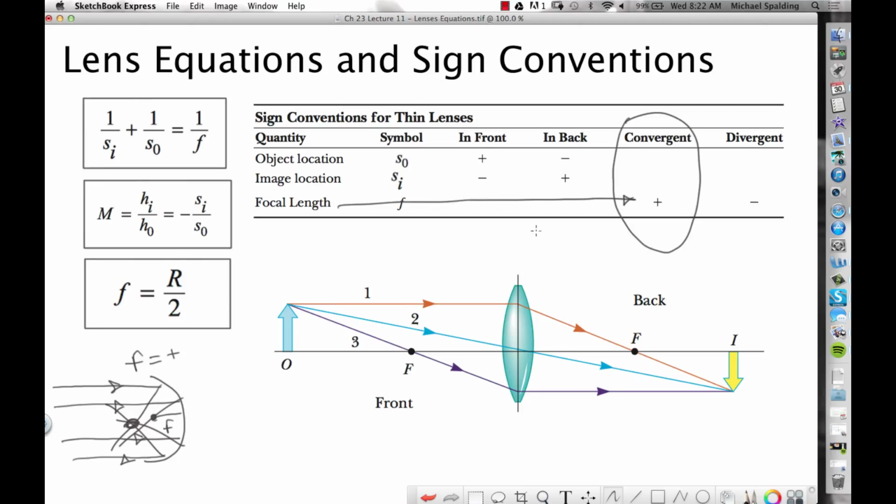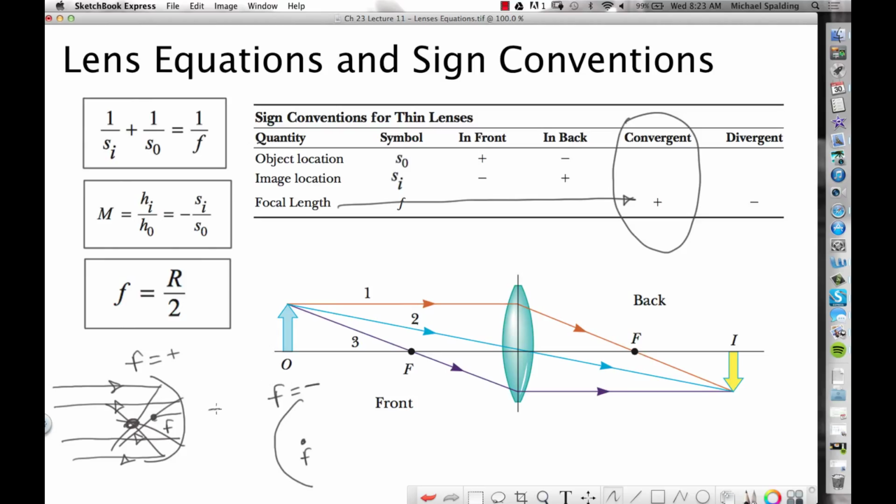Okay? And then look, a convex mirror is like this. And the focal point's back here, right? There's the focal point. When you're doing a convex mirror problem, you got to make the focal length negative. Why does the focal length have to be negative? Because where does the focal length sit? In back.